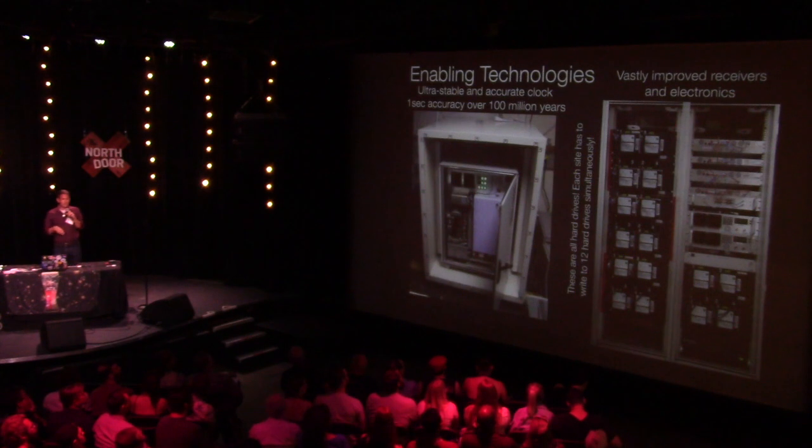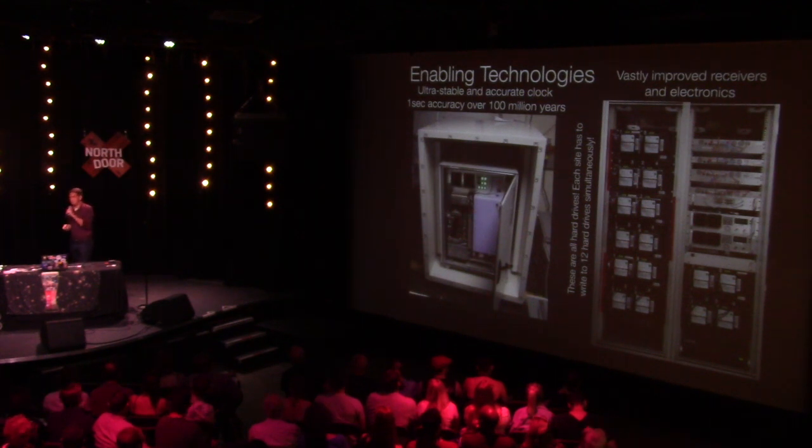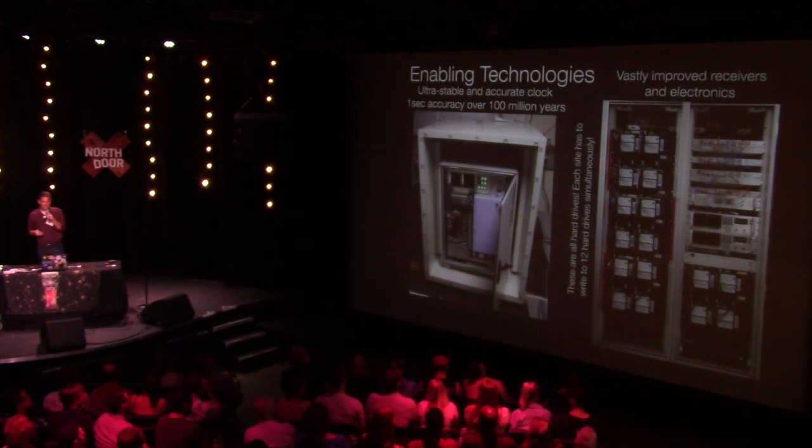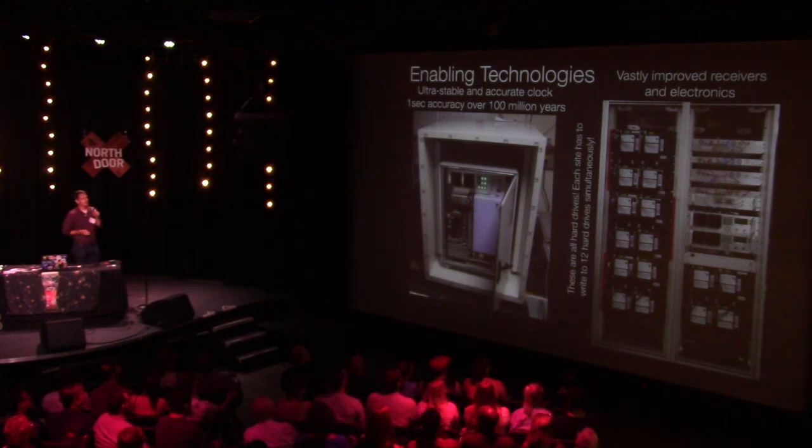Then when we want to combine all of that data, we just take out the hard drives, ship them all to Boston, and then we run some fancy supercomputer algorithms on that data. And so these are the two main pieces of technology that have made this really possible. Especially having the ability to record tons and tons of data for relatively cheap has made this all a lot easier than it used to be.